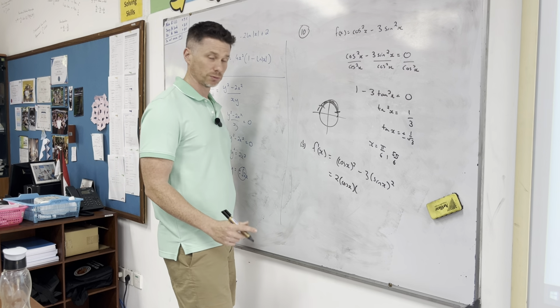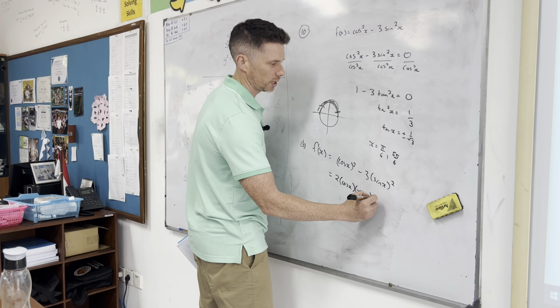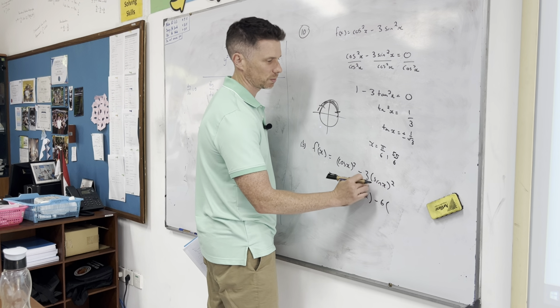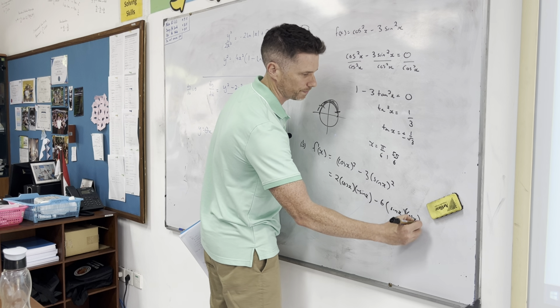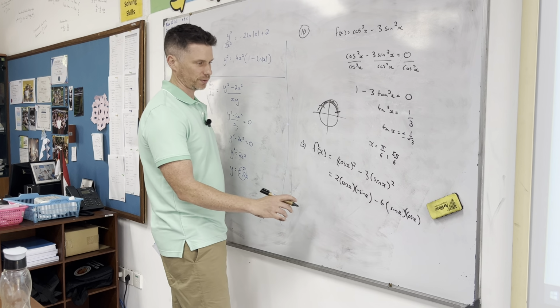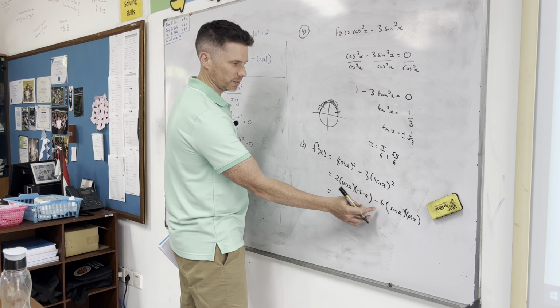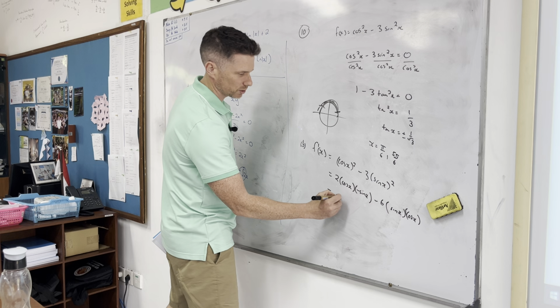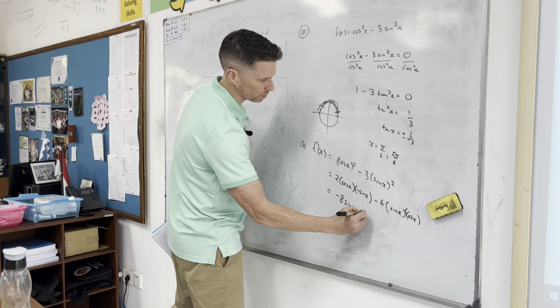We multiply it by the derivative of cosine x, which is negative sine x. And that's minus 6 sine x cosine x. Put these together, I get minus 2 of them here and 6 of them there, so I have minus 8 sine x cosine x.